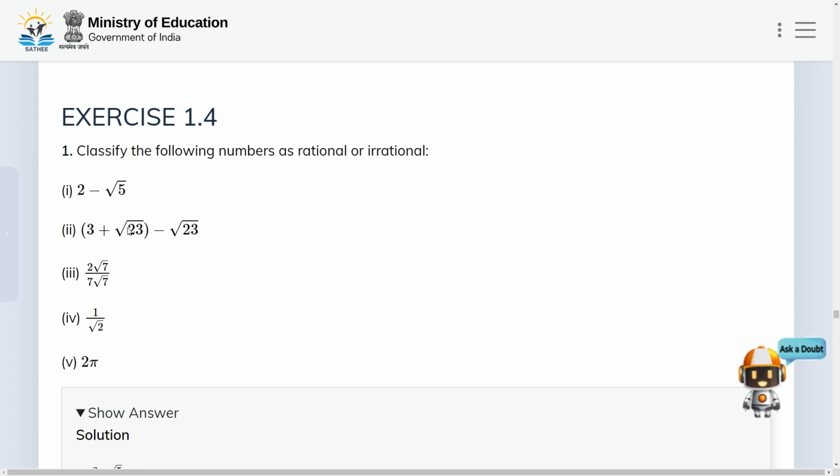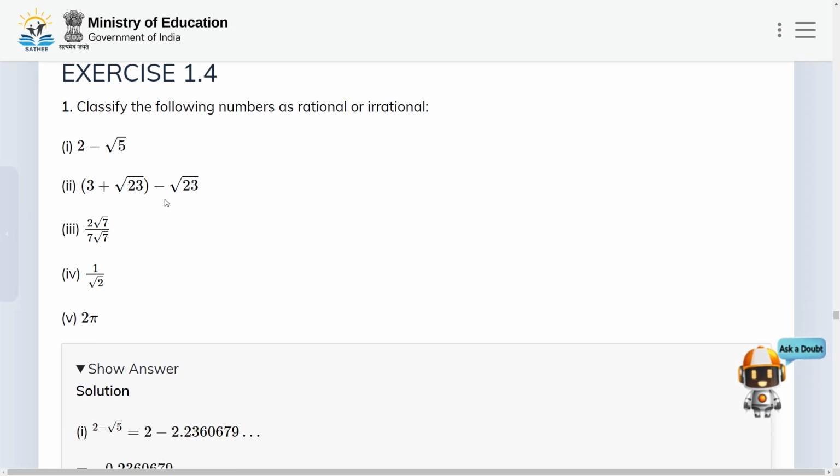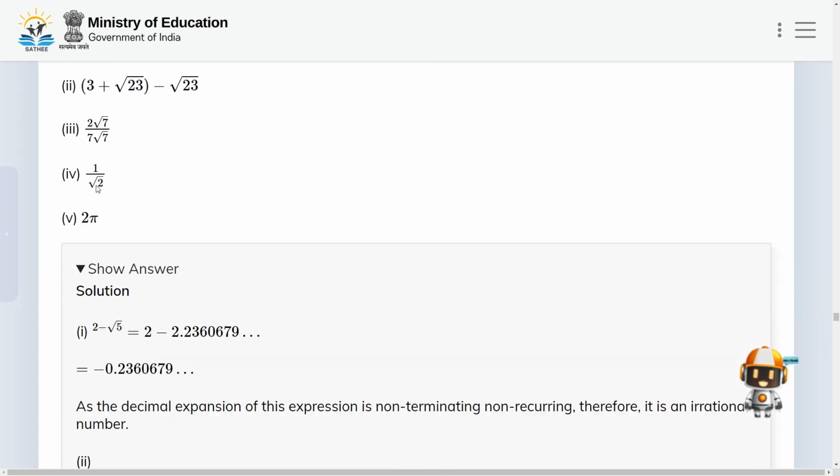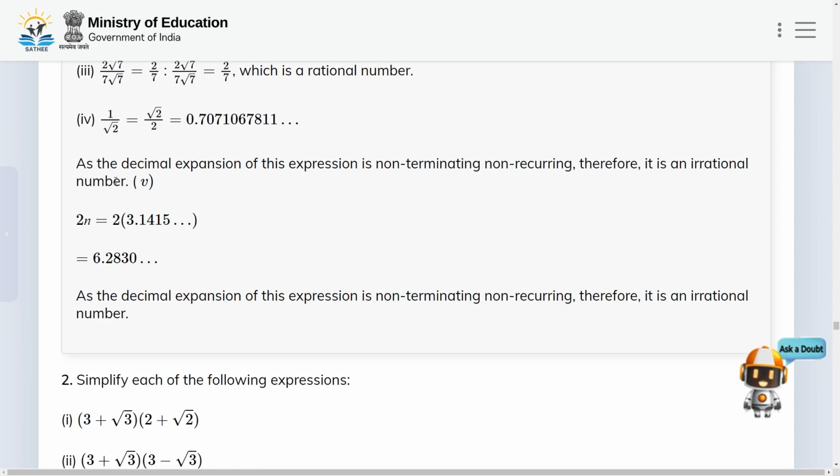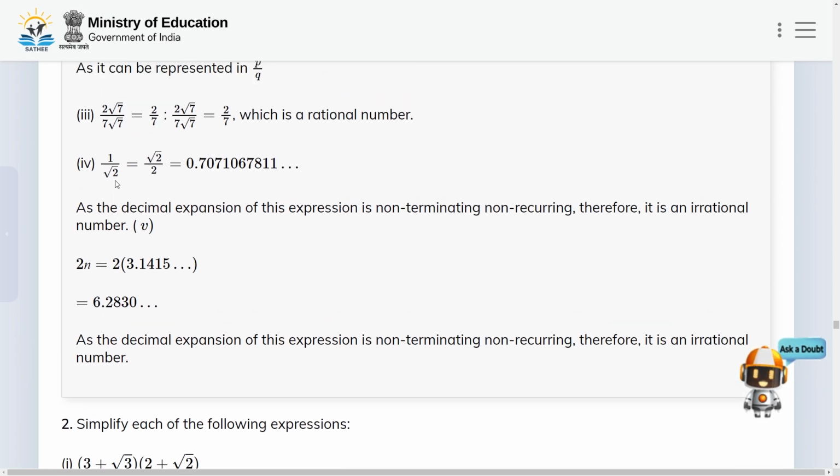Now let us check the third one. In the third one, we have 2 times root 7 divided by 7 times root 7. Let us check which type of number this is. Here you can cancel root 7 and root 7, because root 7 is common in numerator and denominator.